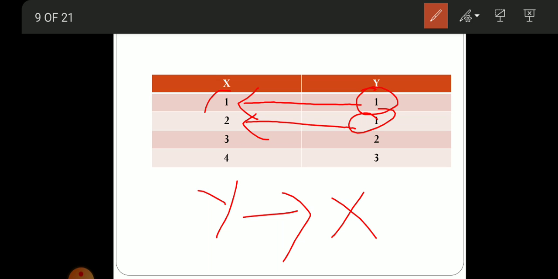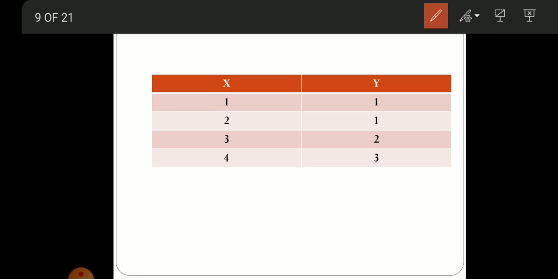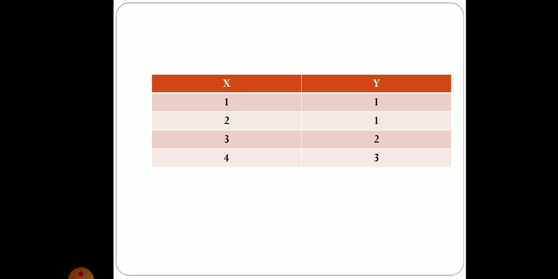So these values are different, so this functional dependency will never exist. Like this we have to check for given functional dependencies whether the functional dependency is existing or not.